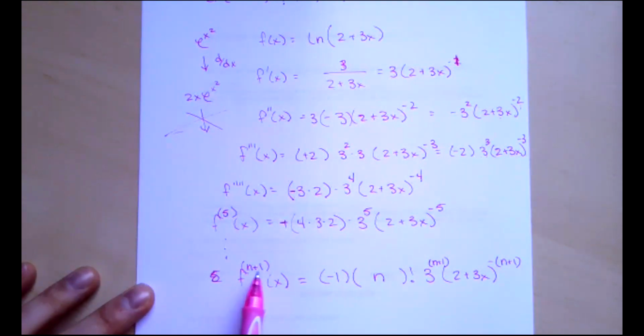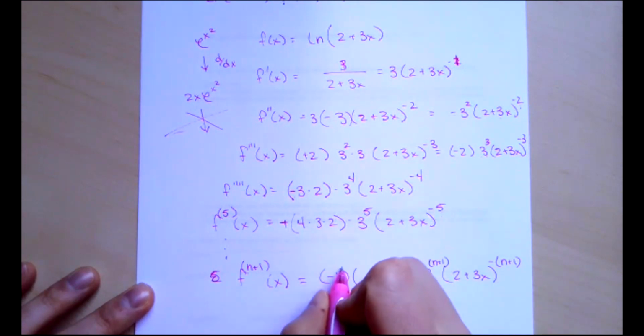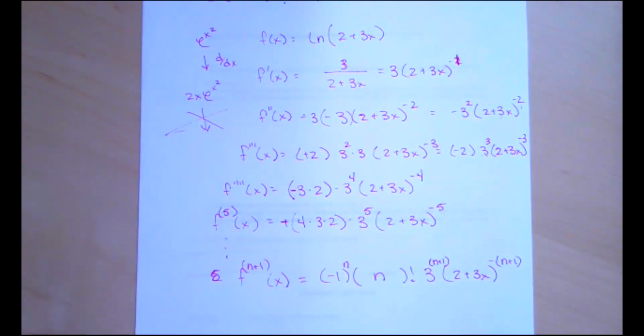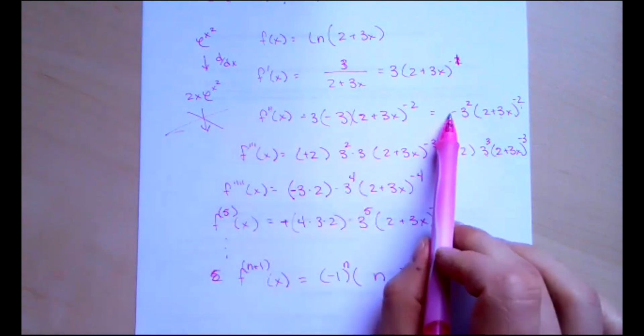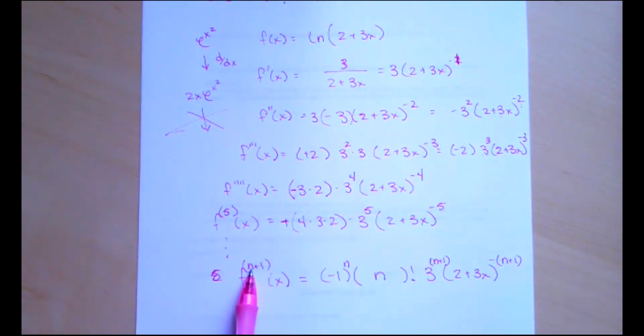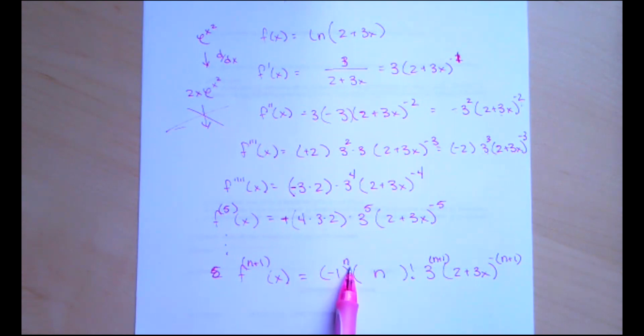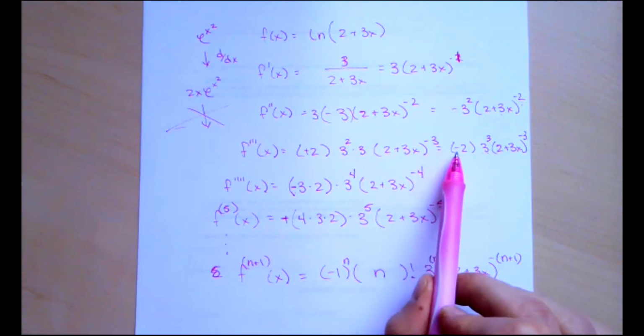If n equals 0, I should have a positive here, which means -1 to the 0 gives me that positive. And you can check again at second derivative, we had a negative. So that would be n equals 1 here, gives me the second derivative, n equals 1 there, gives me a negative value.